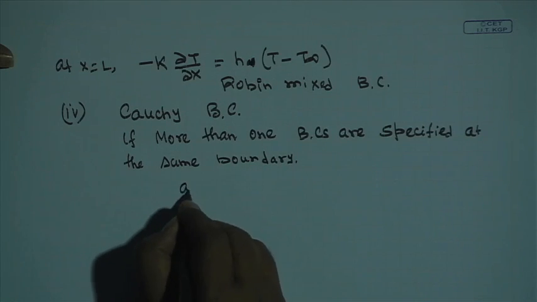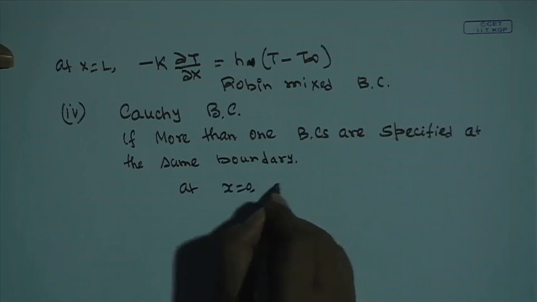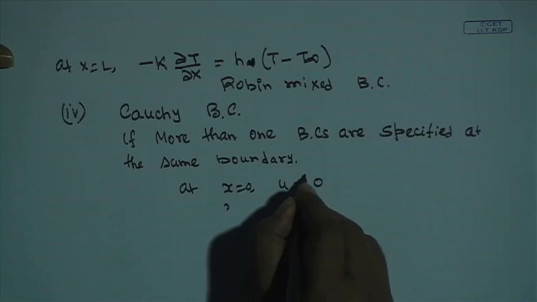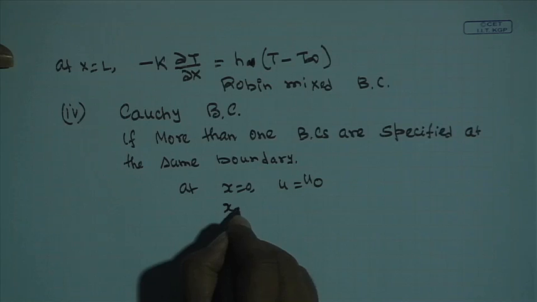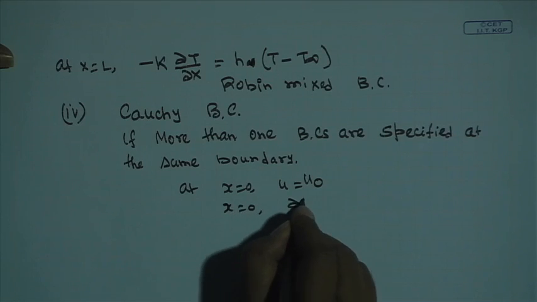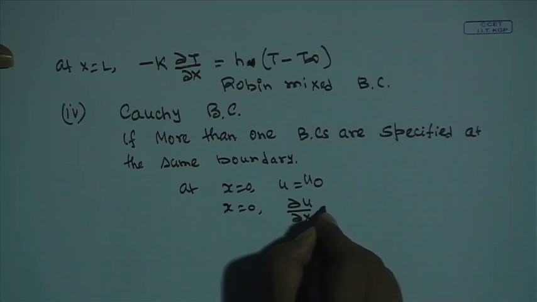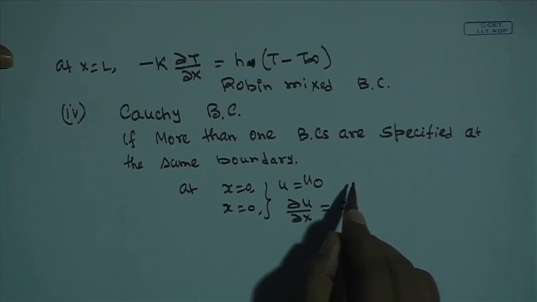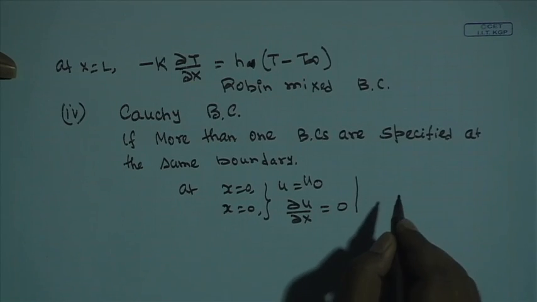For example, at x is equal to 0, u is equal to u naught, and at x is equal to 0, del u del x may also be specified, let us say equal to 0. Both boundary conditions are situated at the same boundary. So, it is a Cauchy boundary condition.